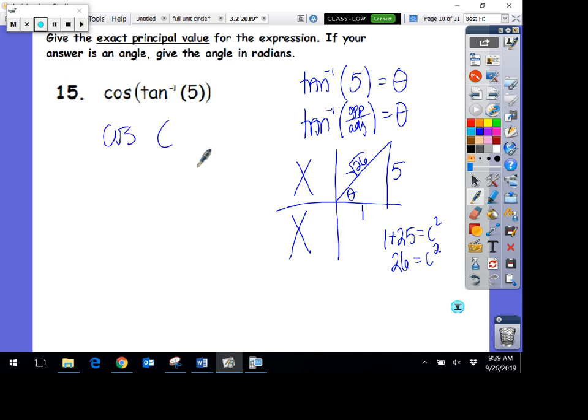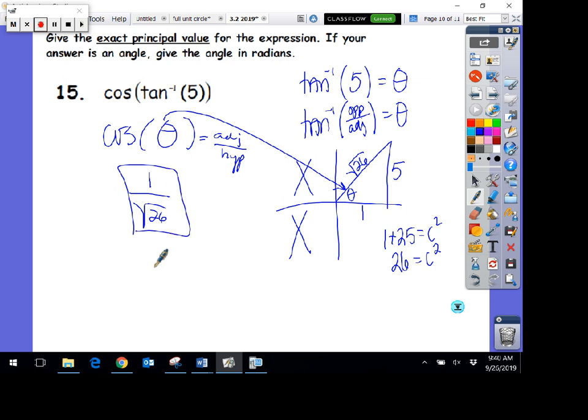The cosine of this angle right here that was created is equal to adjacent over hypotenuse, because I'm not on the unit circle. None of those numbers were on the unit circle, so I have to go back to my SOHCAHTOA. So I look at that angle. Adjacent is 1, hypotenuse is root 26. If you want to rationalize it, you can. Root 26 over 26 would be the rationalized version of that.